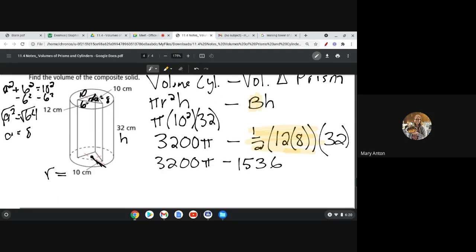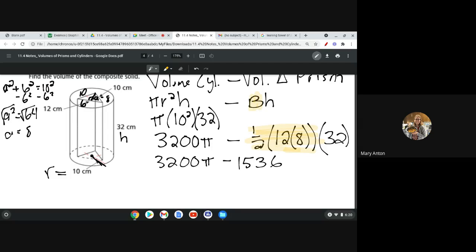All right, and then 3200 pi minus 1536 is approximately 8,517.10 cubic centimeters.